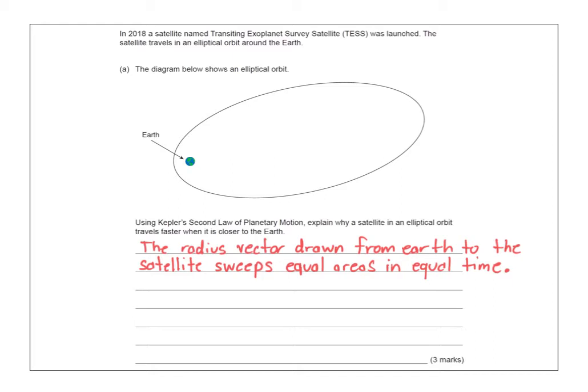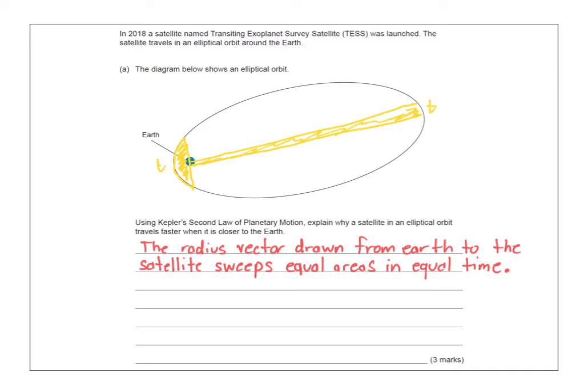So I've restated that law, and then just because it helps me, I'm going to draw that on the diagram. That is the area drawn in some time, as opposed to some other time out here, same time.